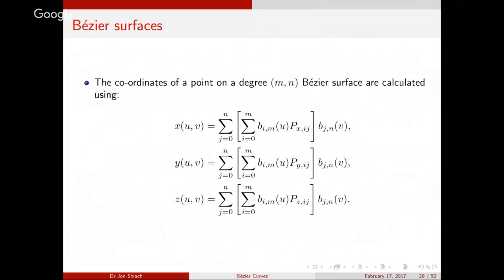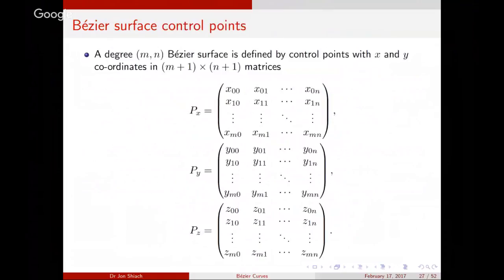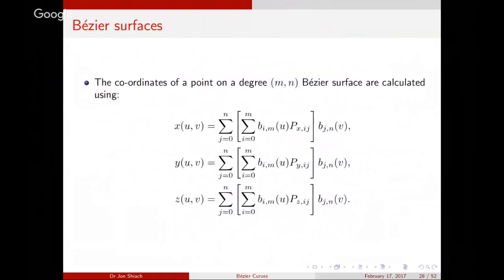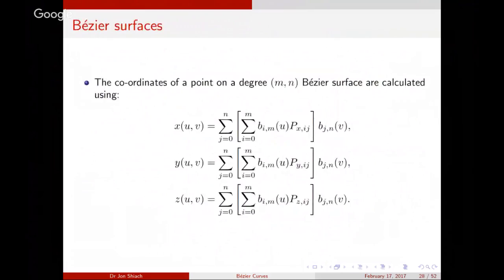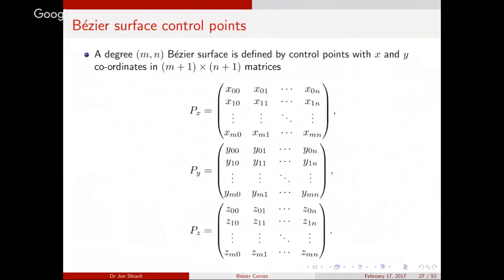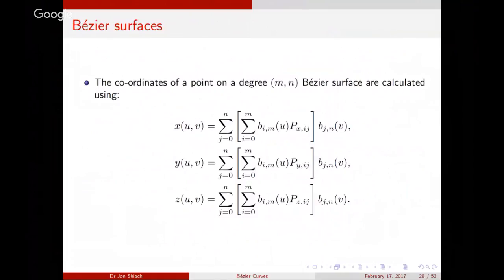So i equals 0 to m is going down that direction. j equals 0 to n, that sum, is going across. So combining those two sums combines the x and y direction.